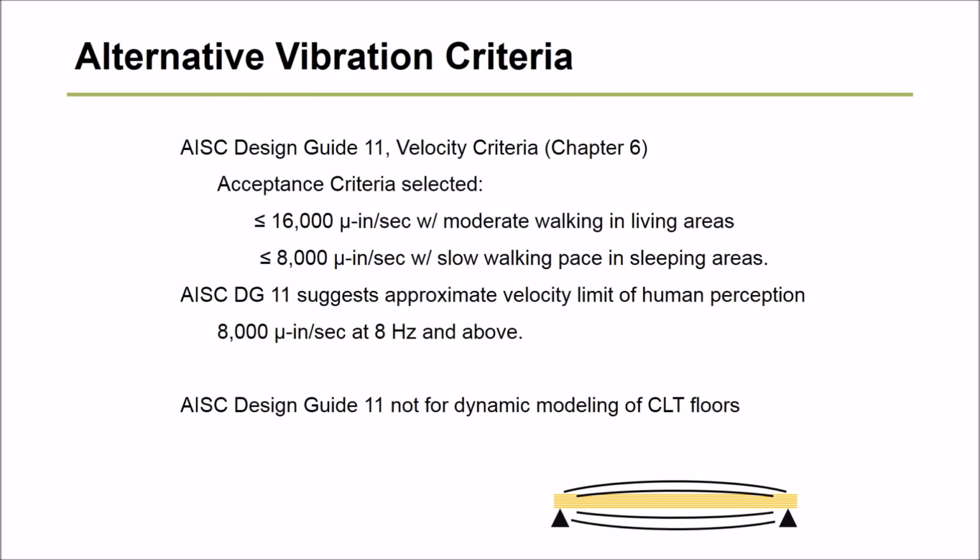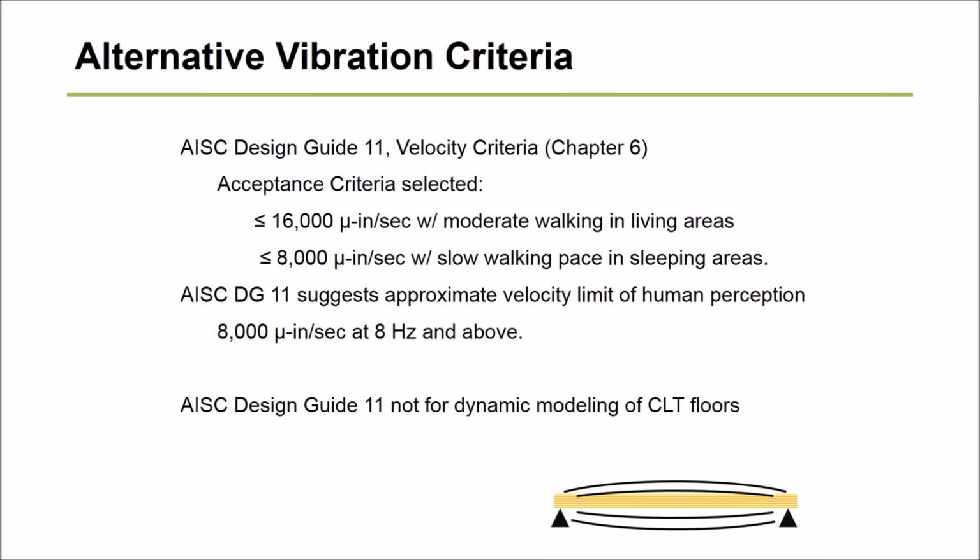Obviously AISC Design Guide 11 is not going to give you dynamic modeling advice, but it can give you an alternate acceptance criteria where you've modeled the system to take care of multi-spans and topping slabs, or wherever else you want to really sharpen the pencil. Another alternate vibration criteria is the ATC Design Guide 1, which again is not really specific to CLT.